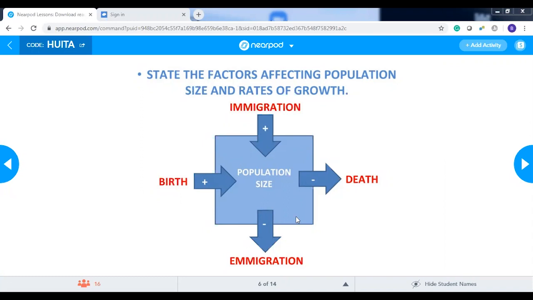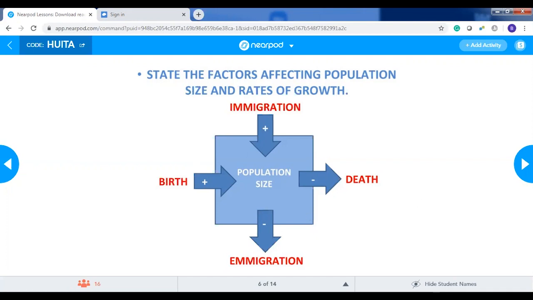Meanwhile, death and emigration reduce the population size and the population growth because organisms are removed from this population. So this is how birth and death, or immigration and emigration, affect the population. Not only humans, but all living organisms are affected by these four factors.